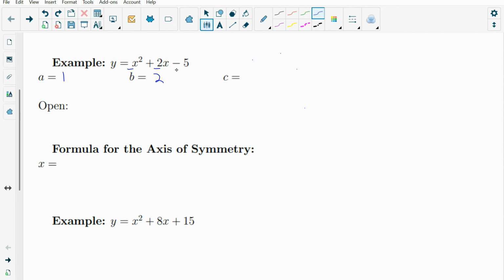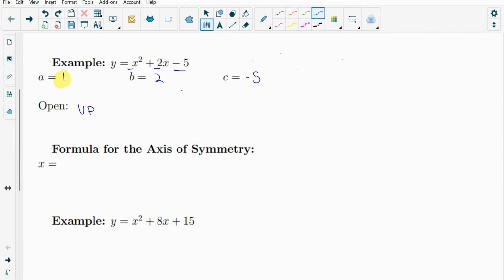And then finally, our constant c is going to be negative 5. Based on this, the only value that is important for determining which way it opens is our a value. And since our a value is positive, that tells us that our graph is going to open up.